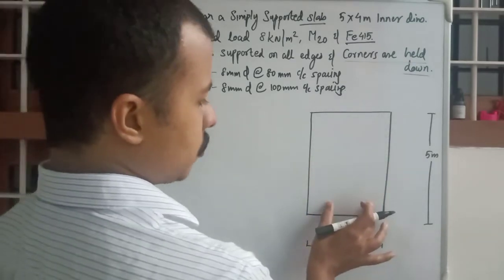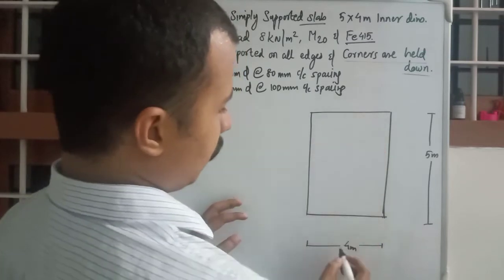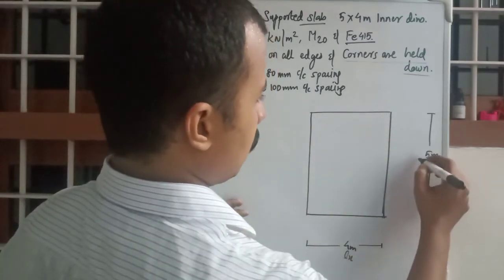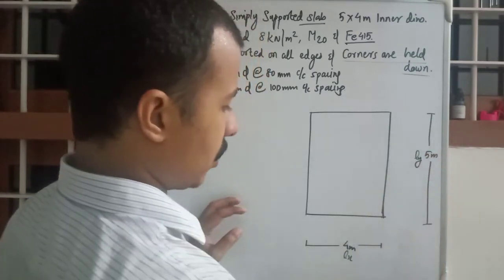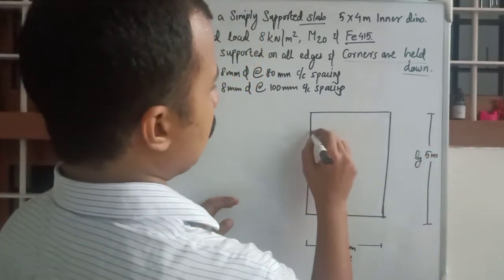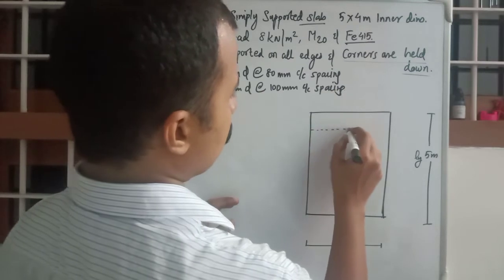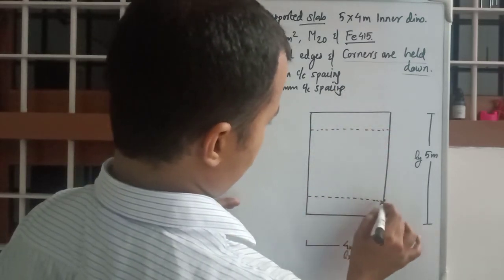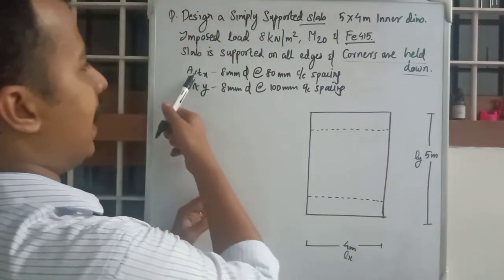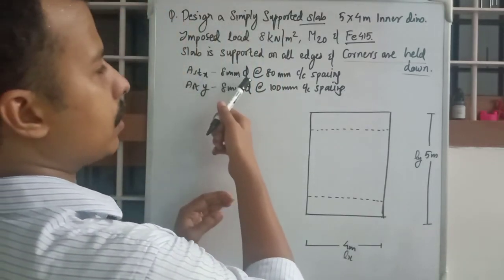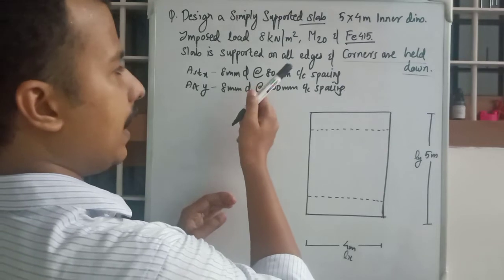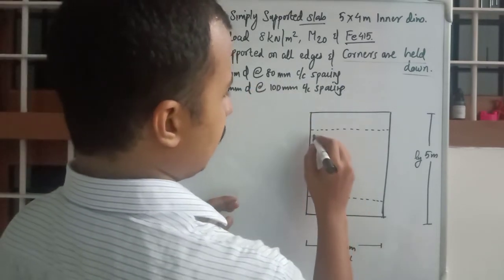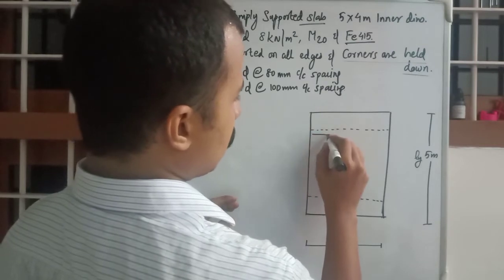So middle strips will be in this direction, Lx, and Ly direction will be like this. Okay, so ASTx, 8 mm dia bars at 80 mm center to center spacing, will be laid like this.